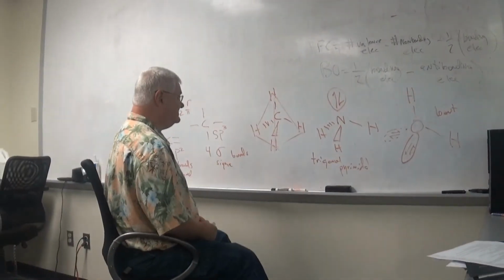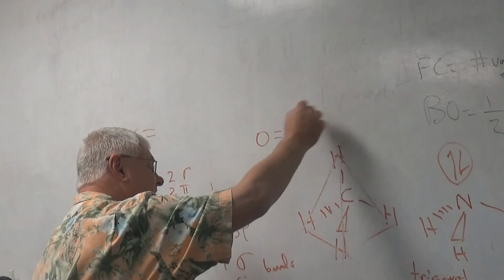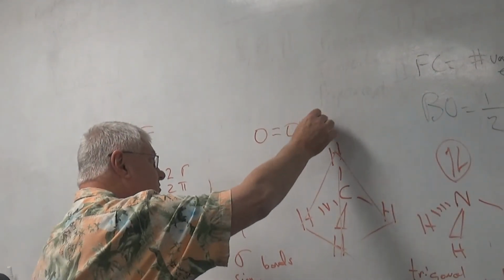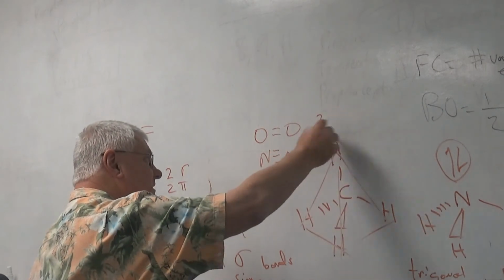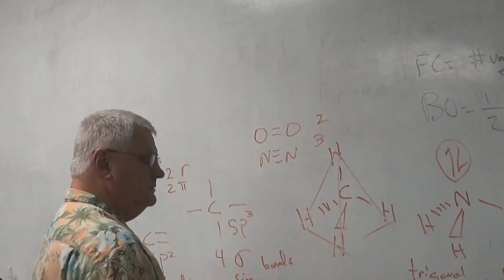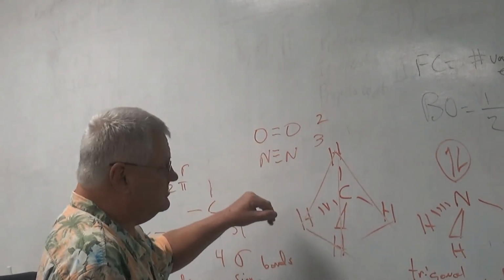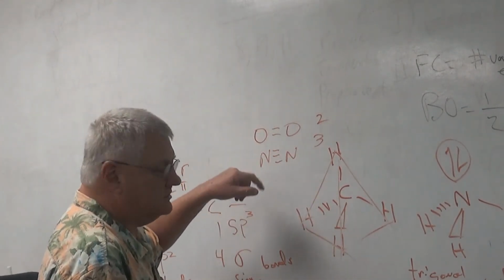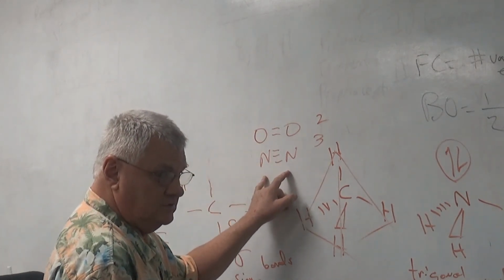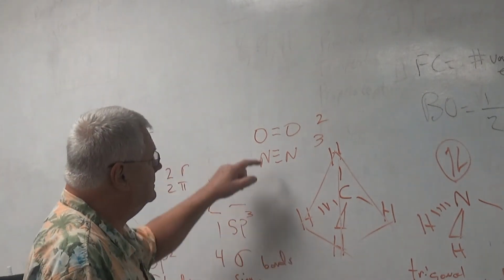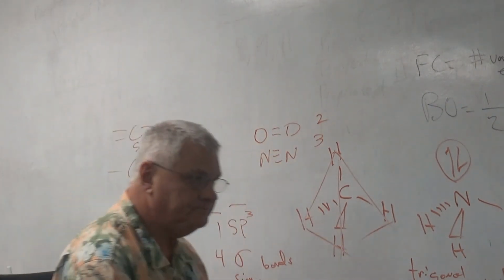Just taking a simple example, if oxygen's bond order is, say, 2, and nitrogen's bond order is 3, well, the triple bond of nitrogen is of course stronger than the double bond of oxygen, but also the nitrogen-nitrogen bond is shorter than the oxygen-oxygen bond. Its bond order is greater. Okay?